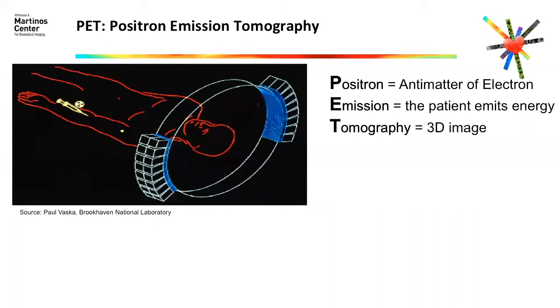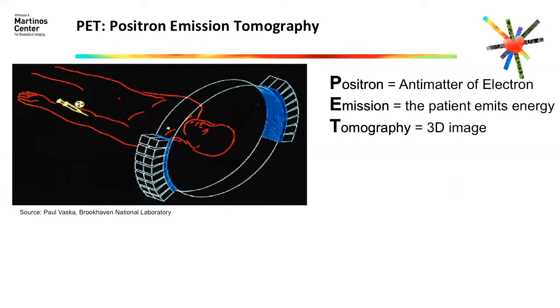Compared to MRI, which I'm sure most of you know about by now working at the Martinos, MRI is an anatomical imaging system. In contrast, PET is a functional imaging technique. So we are not going to visualize tissues or organs or different tissue characteristics. What we are going to visualize is how your organs or tissues work.